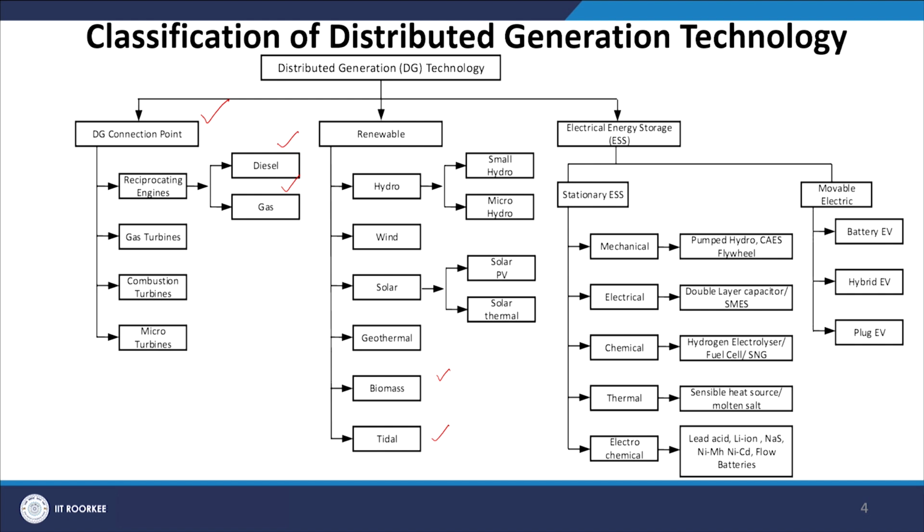Now, the last category is ESS, electrical energy storage technology. We have one category which is stationary ESS, and the other one is movable ESS.